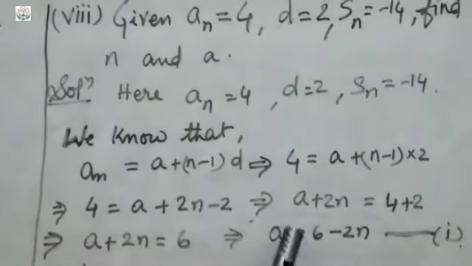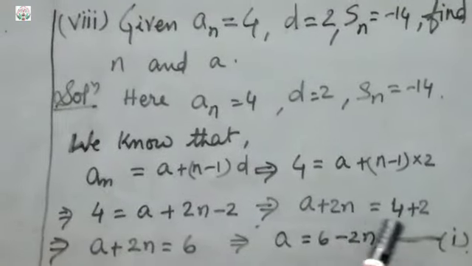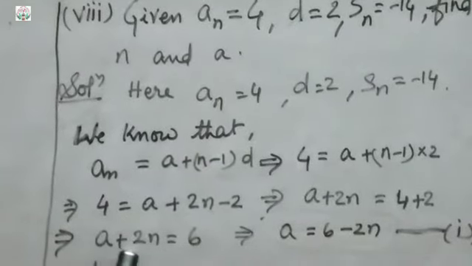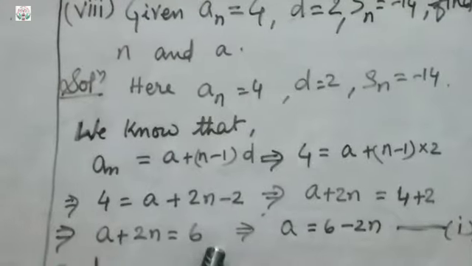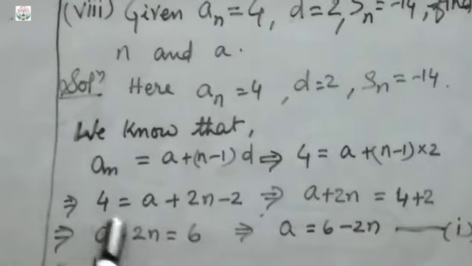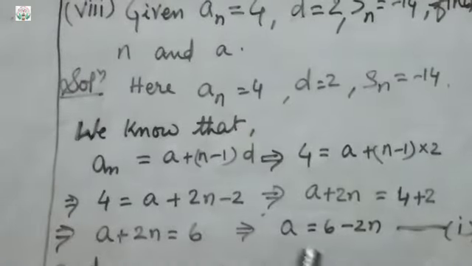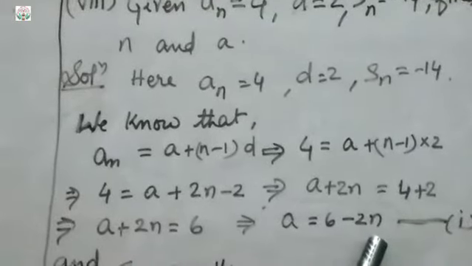By transposing we get a plus 2n equals 4 plus 2, which implies a plus 2n equals 6. Now keep a on one side and take the n value to the other side. That is a equals 6 minus 2n. Mark it as equation 1.